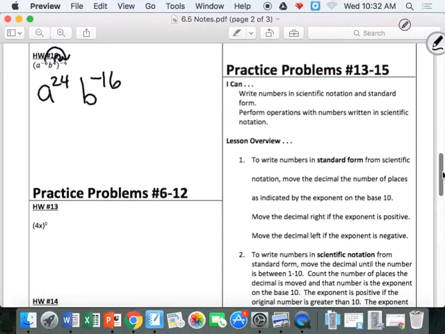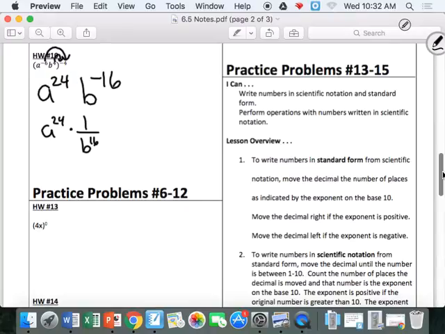And now I have a problem because there's a negative exponent. So I can't leave it as negative. So this is a to the 24th. Okay, a to the 24th times 1 over b to the 16th. So I flipped that second one because it was a negative exponent.